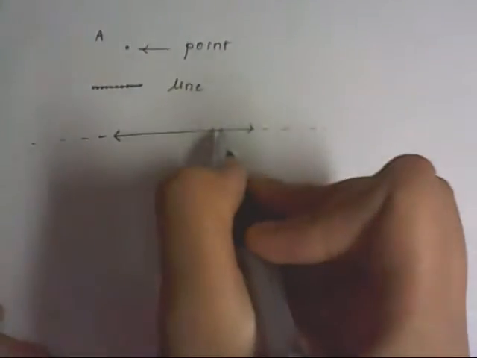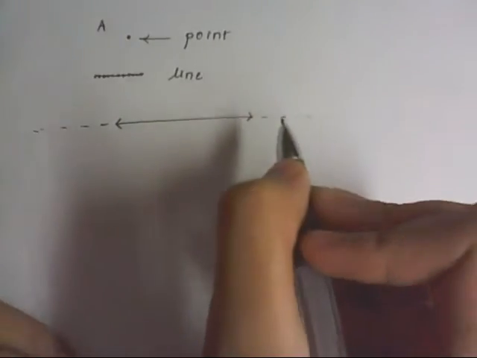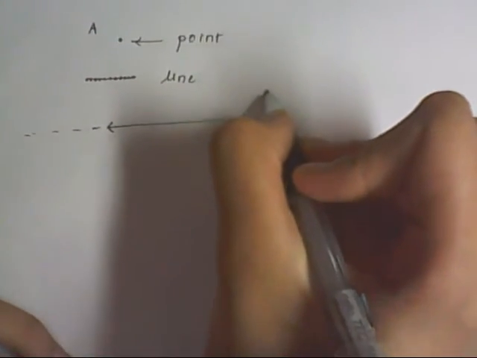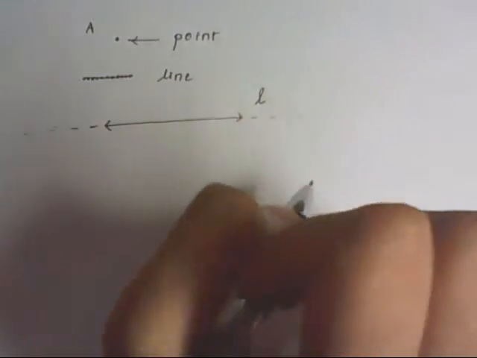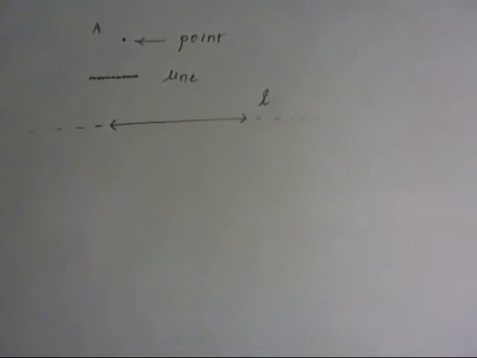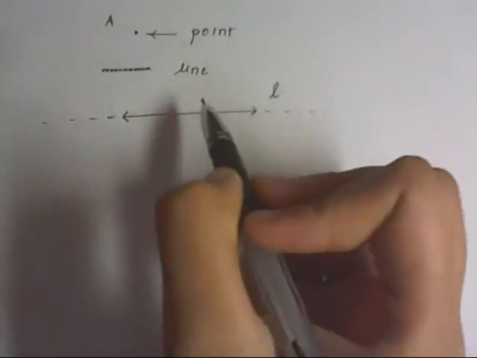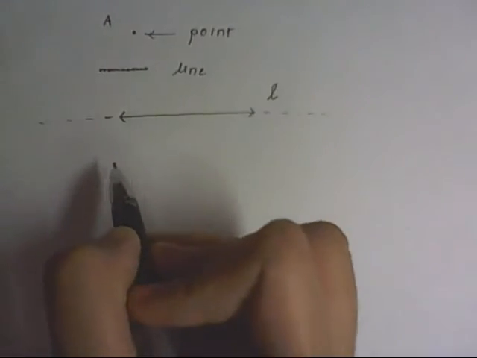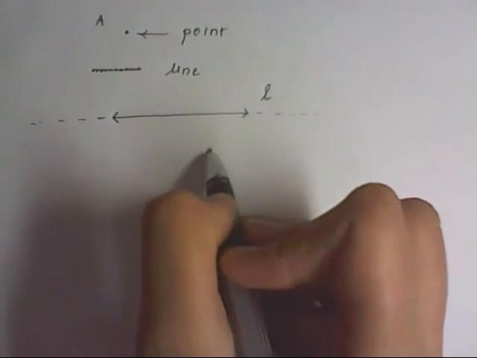Now how to represent this line? So for representation, we use small alphabetical letters like small l, small m, small n. So I am representing this line as small l. So what should we call this line as?